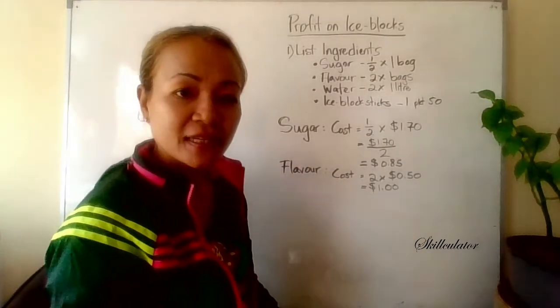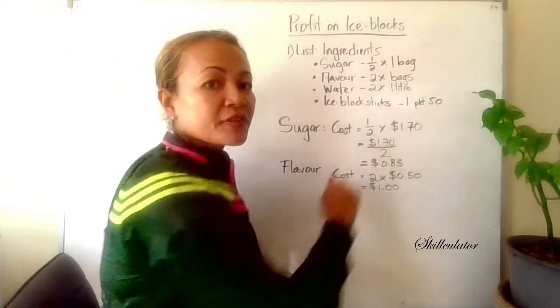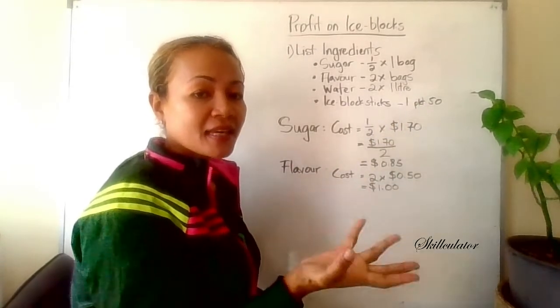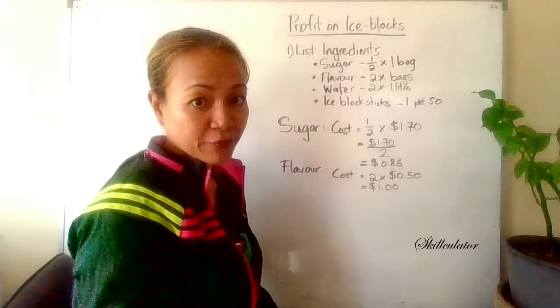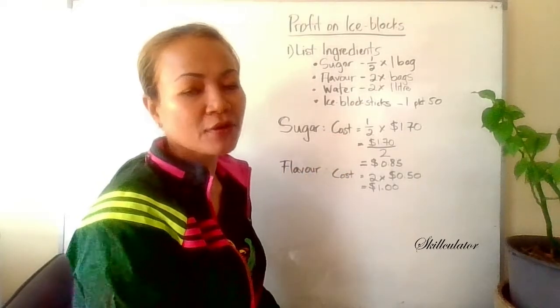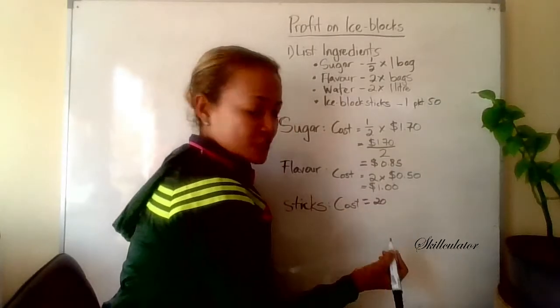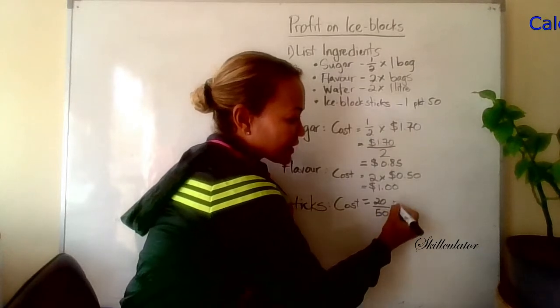If you're making 20 ice blocks, you're only using 20 sticks. So out of the packet of 50, you're using 20, right? So 20 over 50, that's the fraction of the packet that you're using. That's the proportion of the sticks we use, but the total number of sticks in the packet is 50.